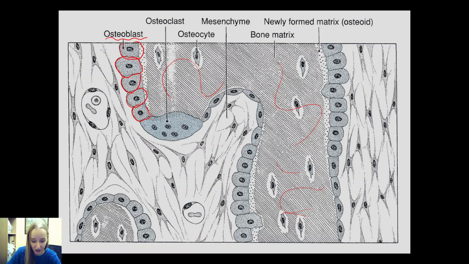Osteoblasts are sometimes cuboid, cubic, like this one here, and sometimes more columnar or cylindrical, like these, and sometimes here we can see a place where they are flat. So there are many shapes of osteoblasts, really, and it depends on their activity.